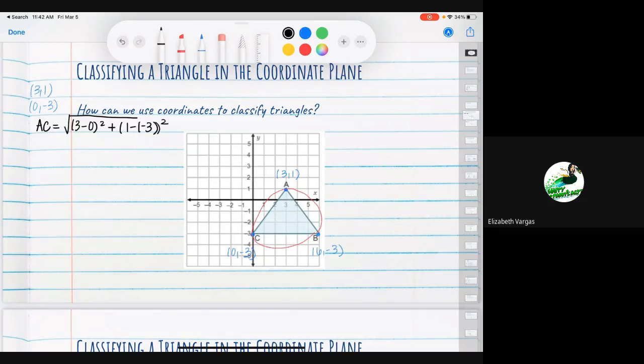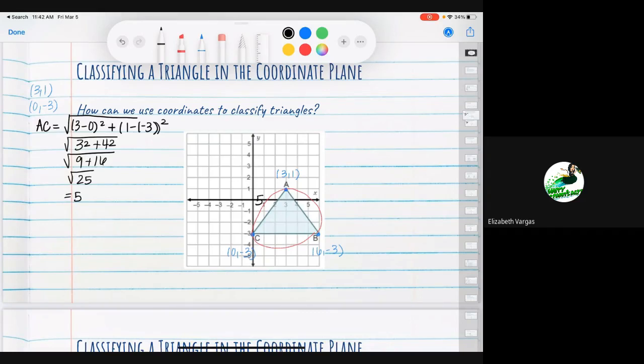Okay, and now I can go ahead and solve. So 3 squared plus 4 squared, 9 plus 16, 25. Is there an exact square root of 25? Yes, 5. It would be my perfect square of 25. So that means I know that the distance of this side is 5.